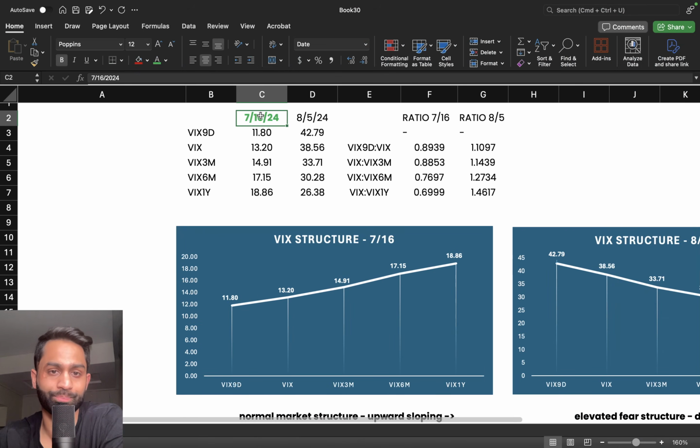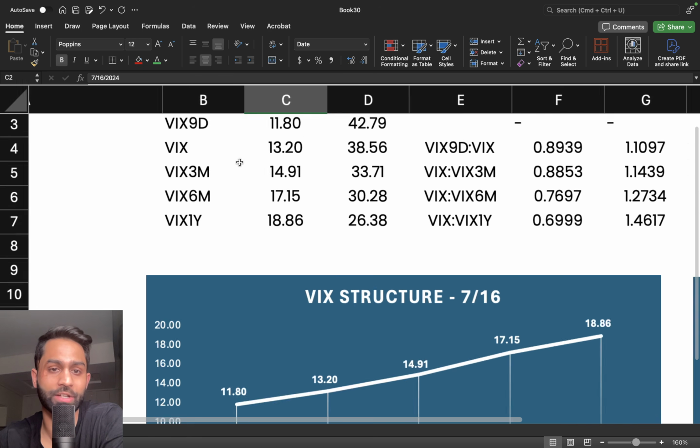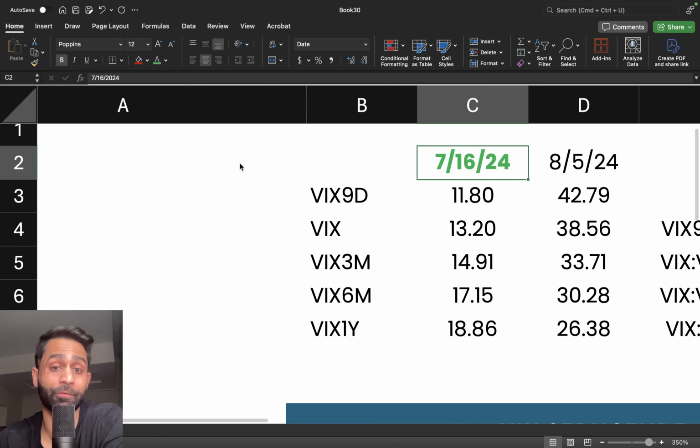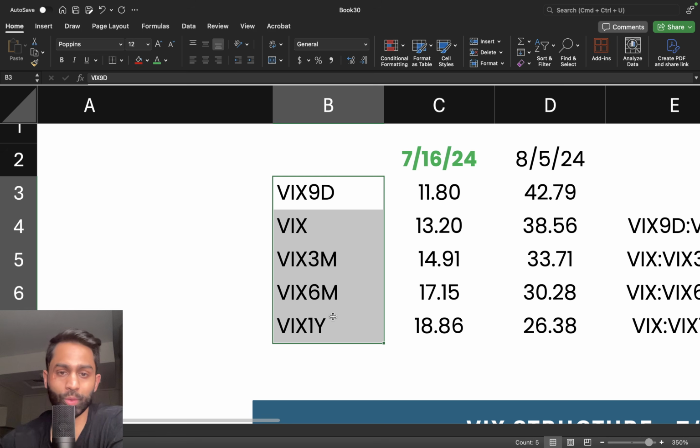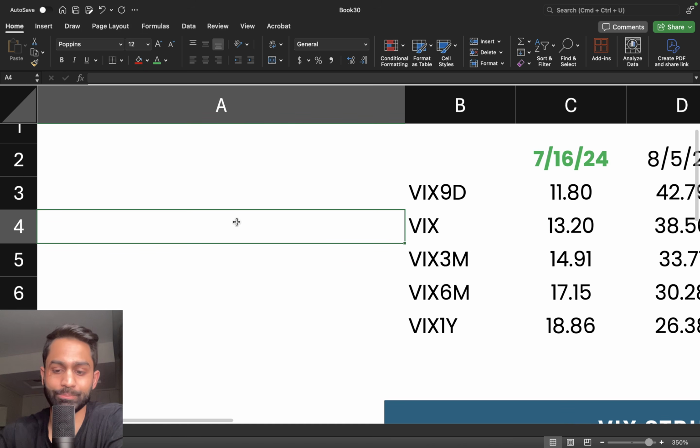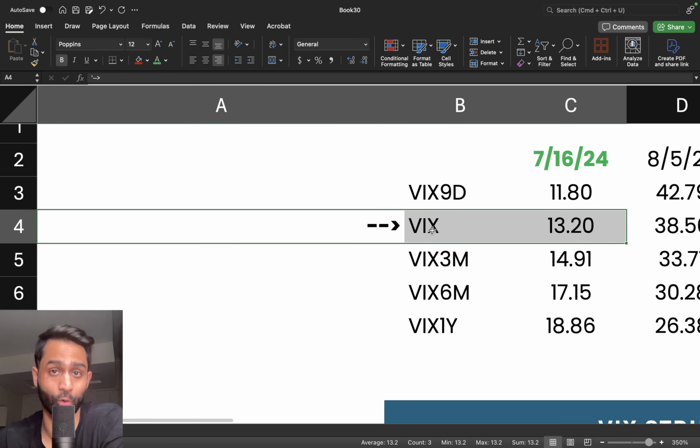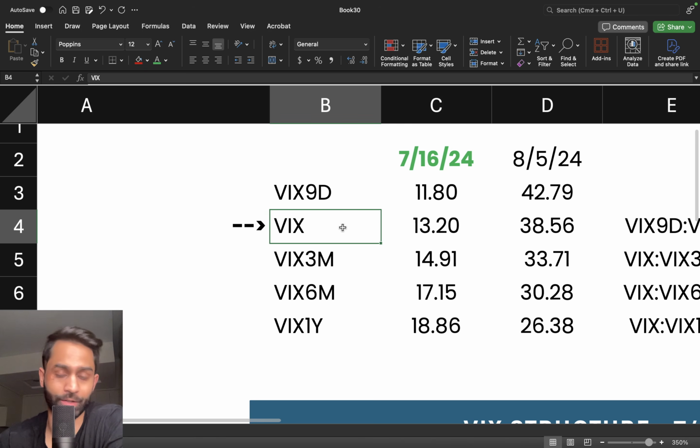So if you come over here, July 16th, I've essentially broken it down into 5 different VIX values. So this is the normal volatility that we look at, right? If I point that out for you, you'll notice that this is indeed the volatility measure which we track on a regular basis, which is the normal VIX. But people may not know that there's also short-term and long-term duration volatility.